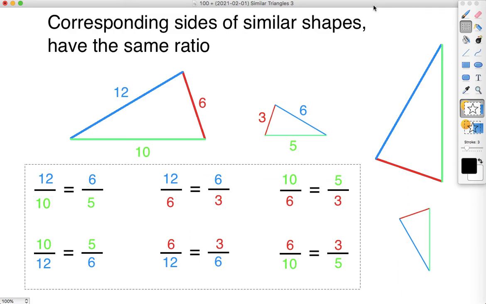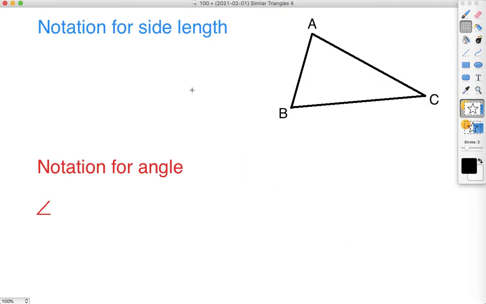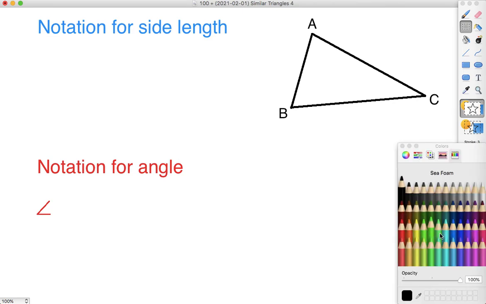All right, and let's do a quick review of a little bit of basic geometry. I want to talk about the notation, or how you write a side length. Okay, so let's say I wanted to talk about this length right here, from here to here.